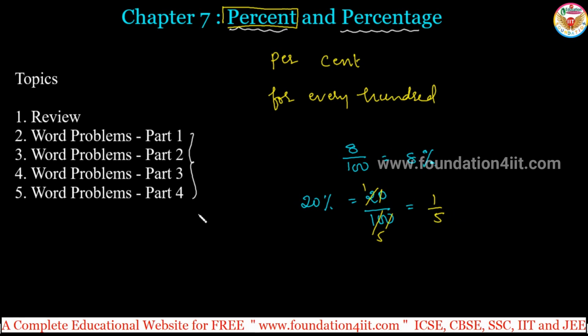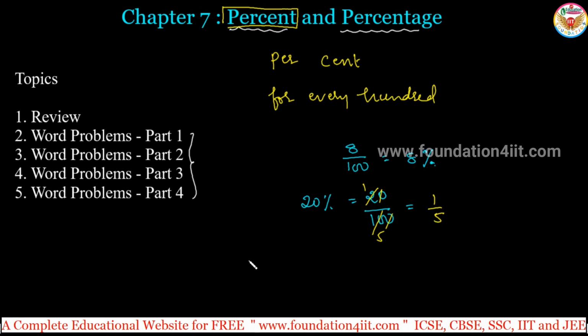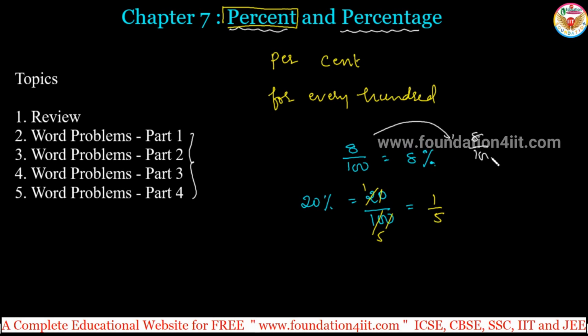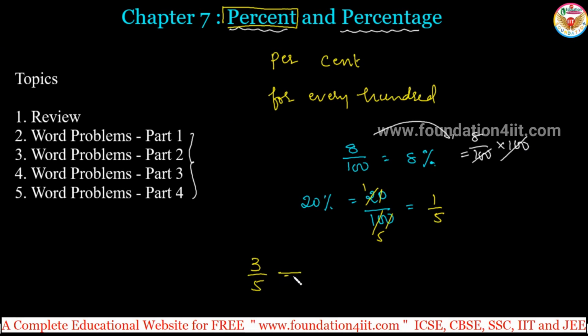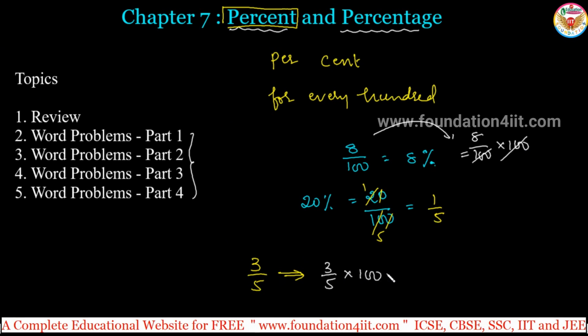To express the given number as percent, multiply by 100 and attach the percentage symbol. Now if the question is 3 by 5, which is in fractional form, to convert into percentage, take 3 by 5 multiplied with 100.